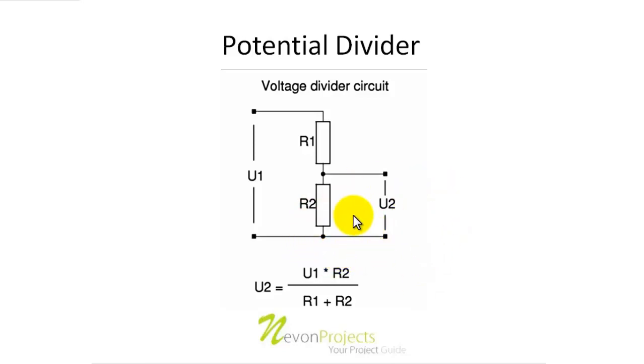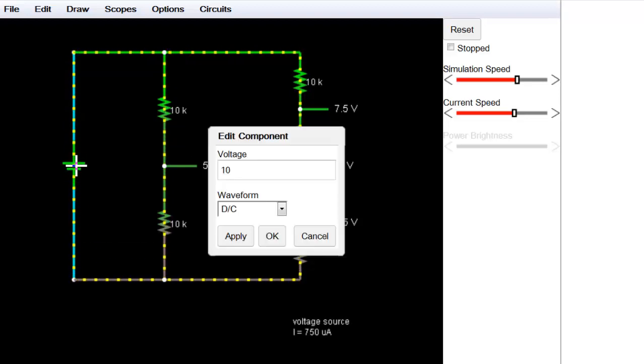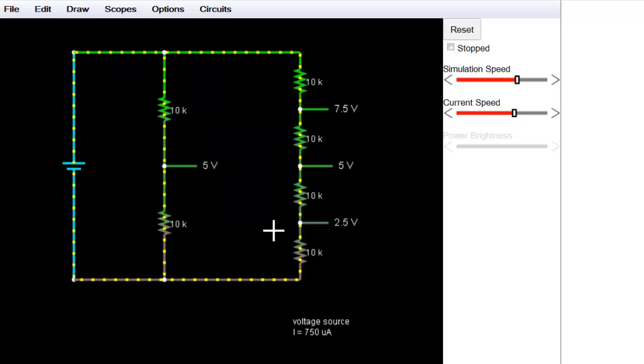Now let us see a simulation of how this actually happens. This is the simulation of the potential divider circuit. Now let us see how it is working. We have a voltage source of 10 volt, and let us calculate for this terminal. We have 10k here and 10k here.